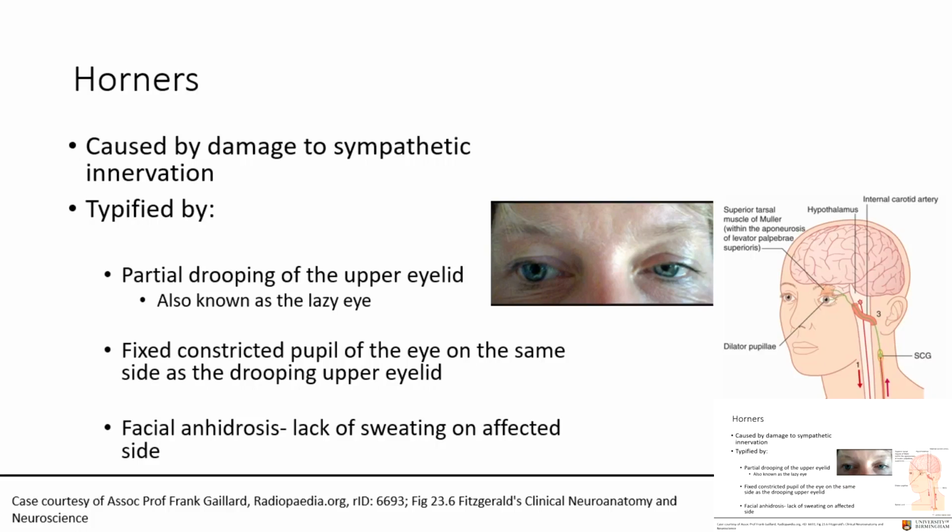So do you remember the levator palpebrae superioris muscle? That one is innervated by which cranial nerve? Yeah, oculomotor. So that is why it's partial ptosis and not full ptosis of the upper eyelid.